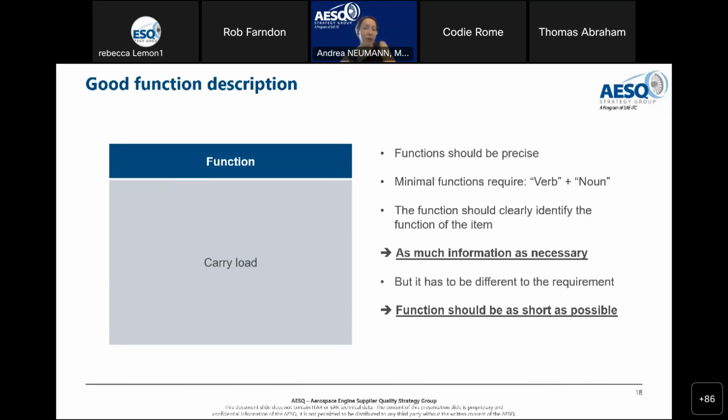For sure, you should include as much information as necessary to describe a function. At minimum, carry load could be an adequate function description, but many people maybe do not understand what kind of load is meant for the part.